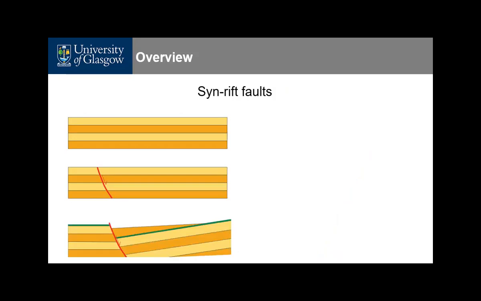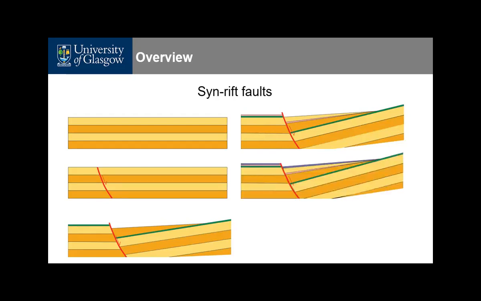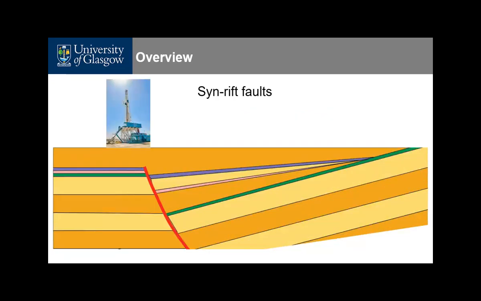We've got some offset, and we're getting additional sedimentation in that hanging wall. It's continuing, but we still have these marker beds on both the hanging wall and the footwall, here in green and pink. That continued, and then faulting stopped. This is our post-rift sedimentation right there. So this is what the seismic data could look like, at least in a schematic.